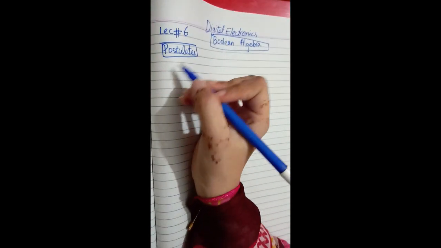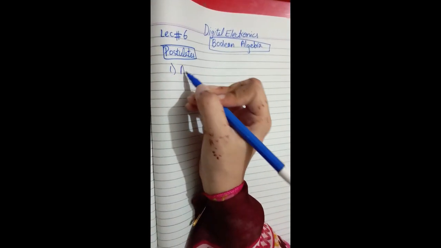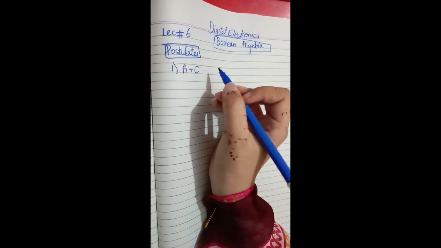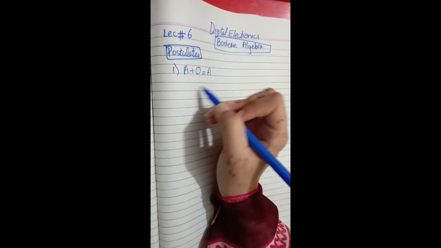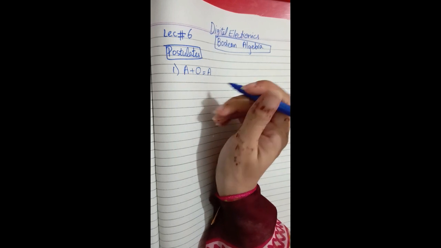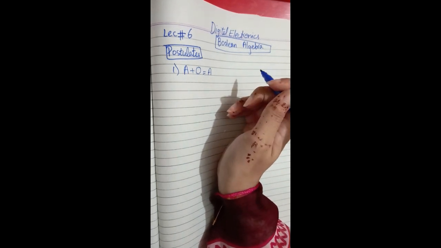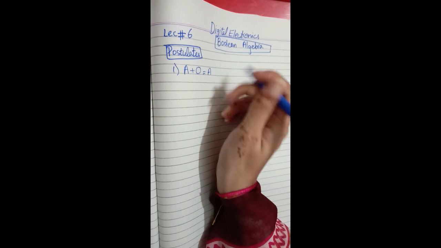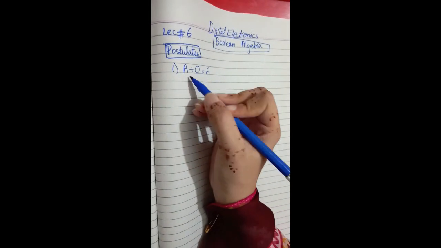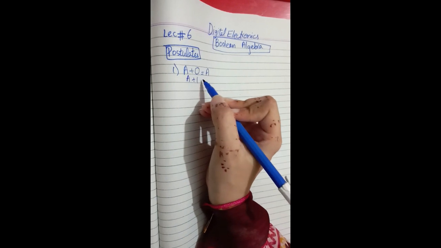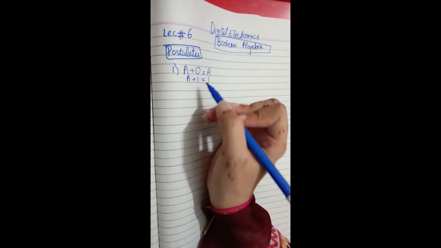Its first postulate says that A plus 0 is equal to A. Basically, these are the postulates which we will use to solve our digital electronics data. We will express the data by Boolean algebra. The next is A plus 1 is equal to 1.